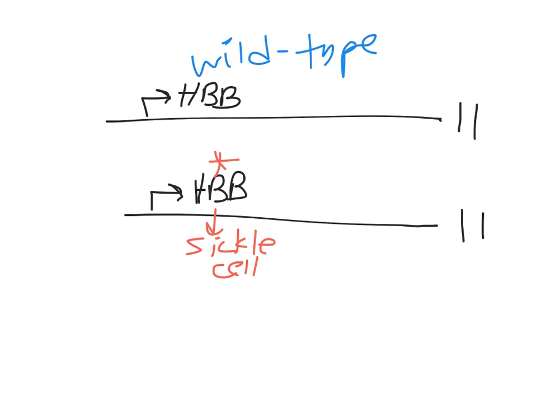Instead of writing wild type every time, we use a plus sometimes. So sometimes, just for shorthand, wild type is abbreviated plus. And likewise, sometimes mutations are annotated either as asterisks or as minuses. Just shorthand. So the common one would be plus, the rare allele version of a gene would be minus.